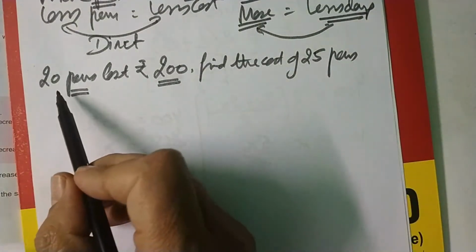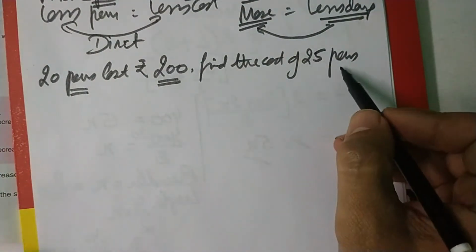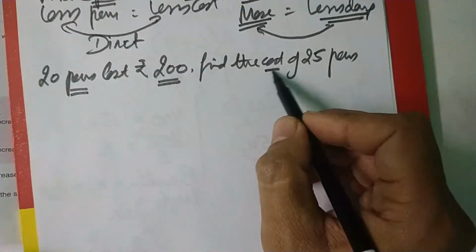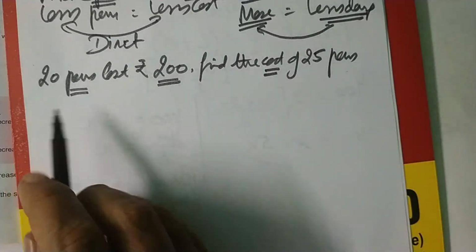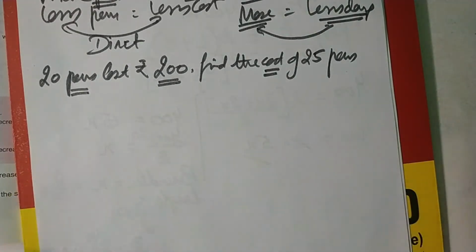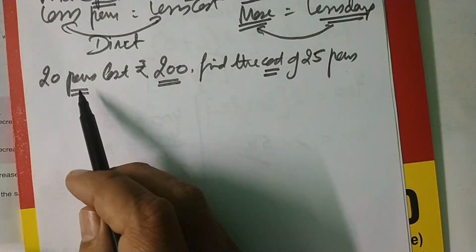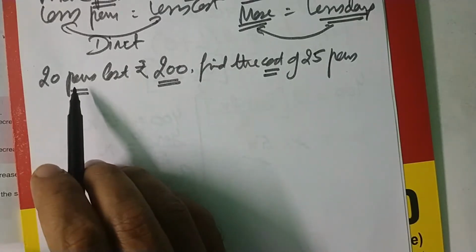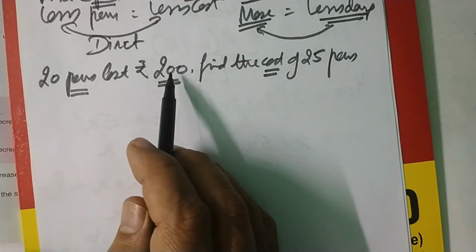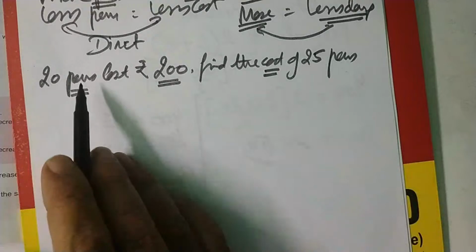The question says find the cost, and cost means you have to find rupees. In this question there is a relation between number of pens and rupees. Out of number of pens and rupees, what do you have to find? Do you have to find number of pens or rupees?